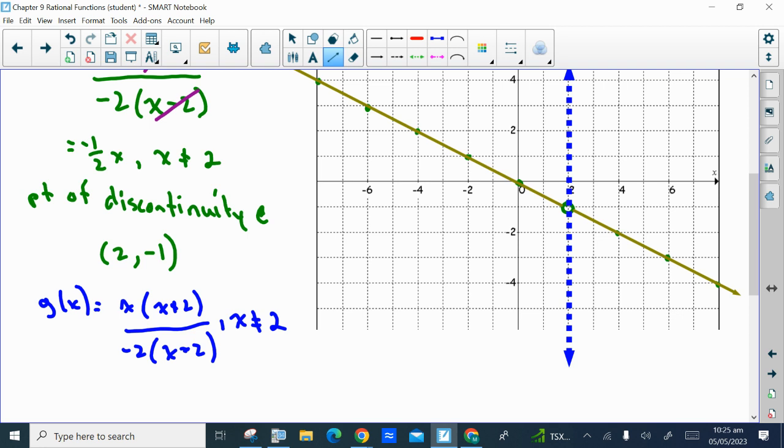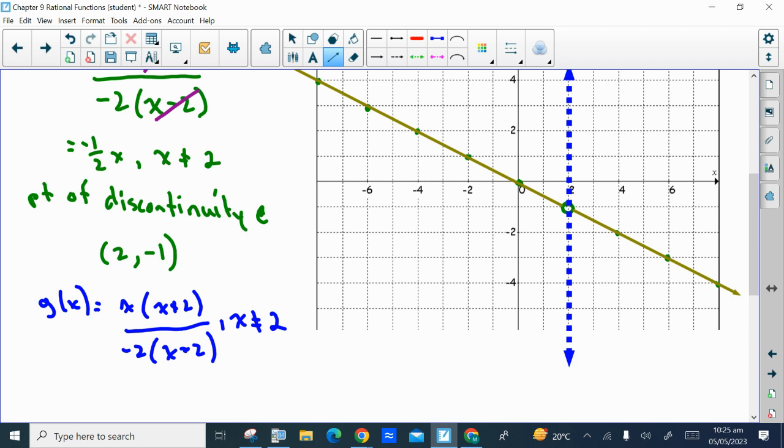So we started the lesson today reminding ourselves that when the degree of the top was less than the bottom, you got an asymptote on the x-axis. That was the line y equals 0. When the degree of the top is equal to the one at the bottom, we can divide the coefficients of those two terms to get the horizontal asymptote.